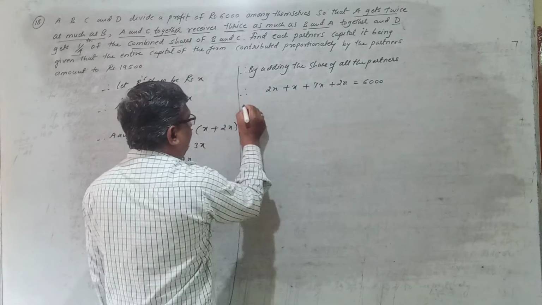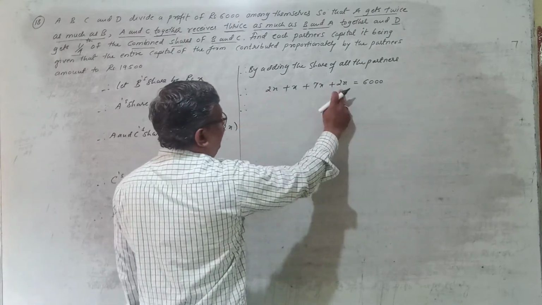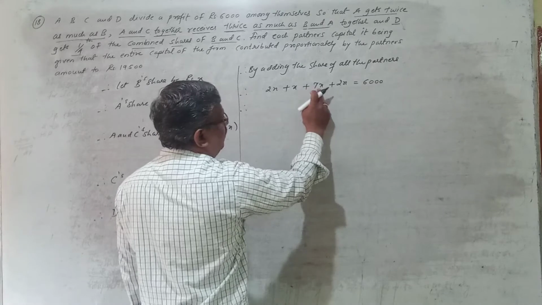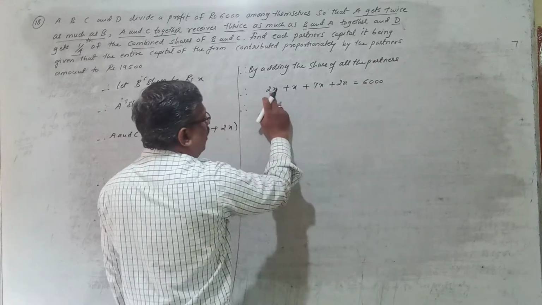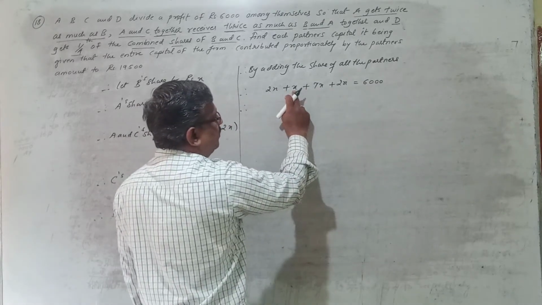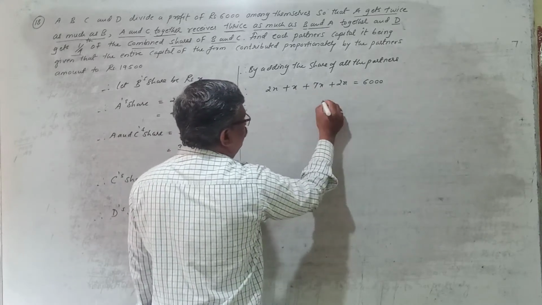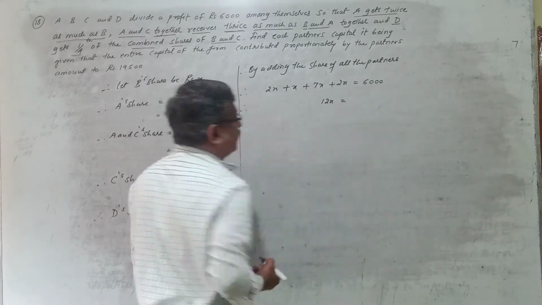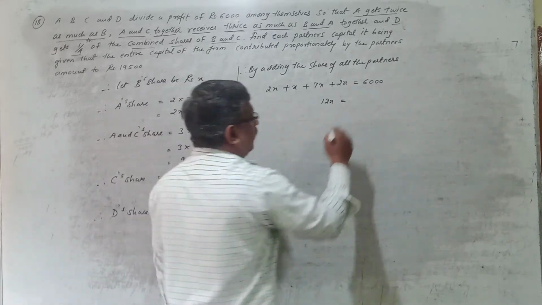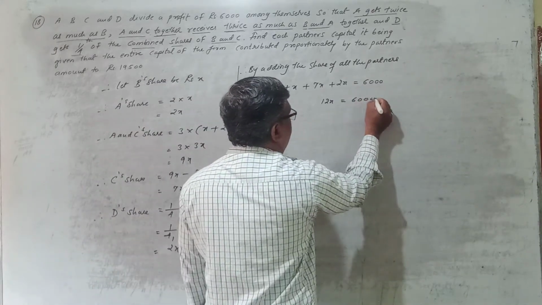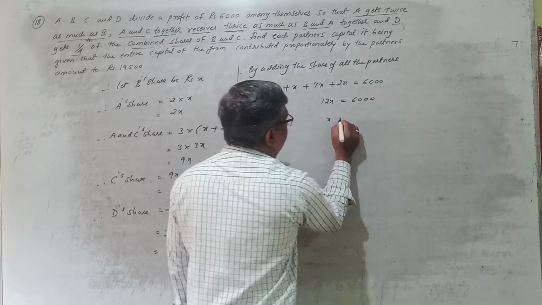And now solve this equation. Now this we can add very easily. In 2x we can add x, 7x and 2x. So adding 2x plus 1x is 3x, 3x plus 7x is 10x, 10x plus 2x is 12x. So 12x equals 6,000. So now I can easily find out the value of this x.